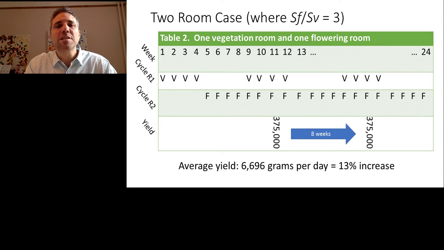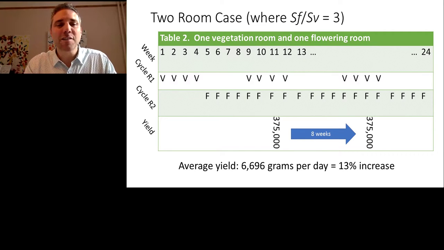And we immediately start another vegging cycle, and that goes for 4 weeks. At the end of the same 12 weeks, we have 375,000 grams produced.